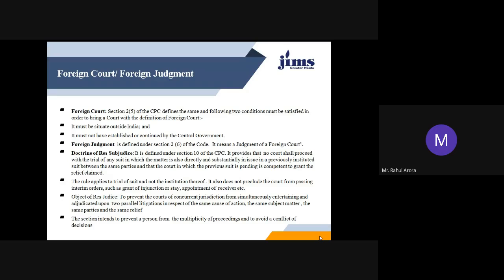Now the next question to be read is, what is the object behind res subjudice? The object behind this particular doctrine is to prevent the courts of concurrent jurisdiction from simultaneously entertaining and adjudicating upon two parallel litigations in respect of the same cause of action, the same subject matter, the same parties and the same relief.